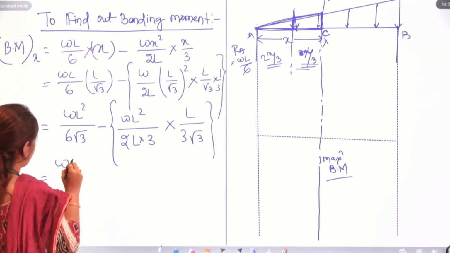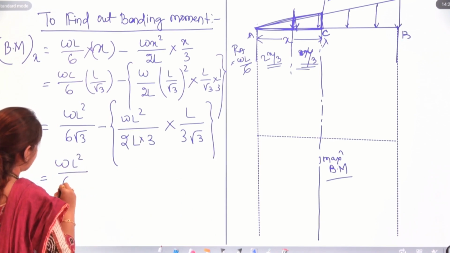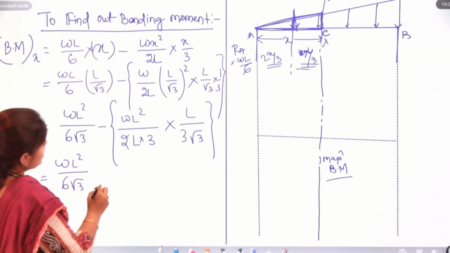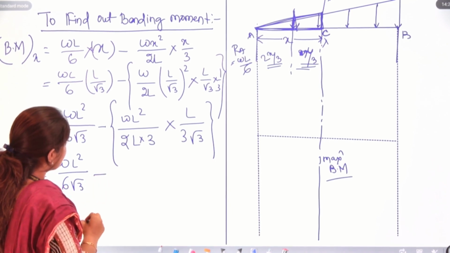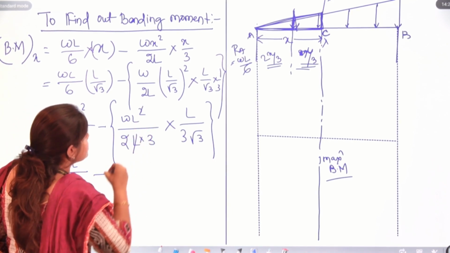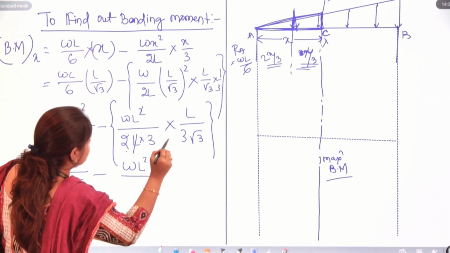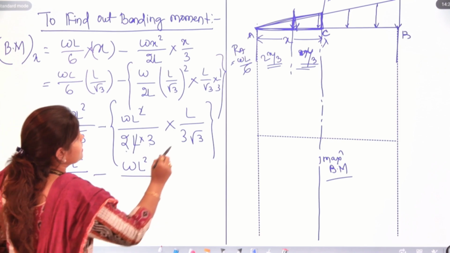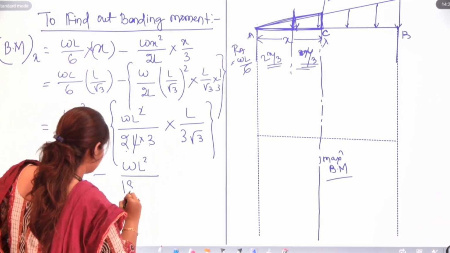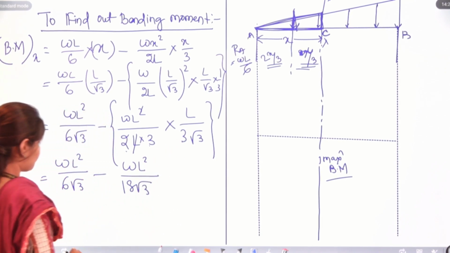So now we have WL square by 6 root 3 minus, with this L cancelled, WL square by 2 into 3, 6 into 3, 18 root 3.